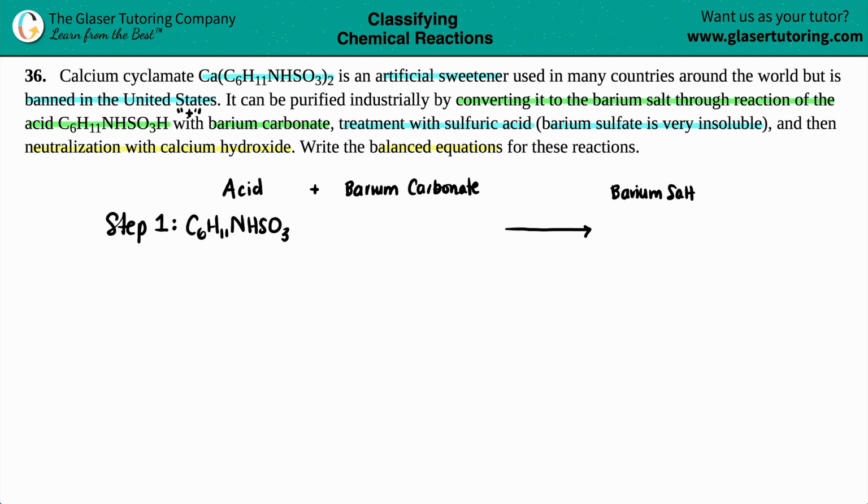And remember, when you're dealing with acids, an acid is generally going to be an H plus whatever else is combined with it. It could be just one element, or many elements like in this case. But I see that the last H is lonely, so I'm going to treat this one as the acidic H. So I'm going to color it a different color, but it's still part of the compound.